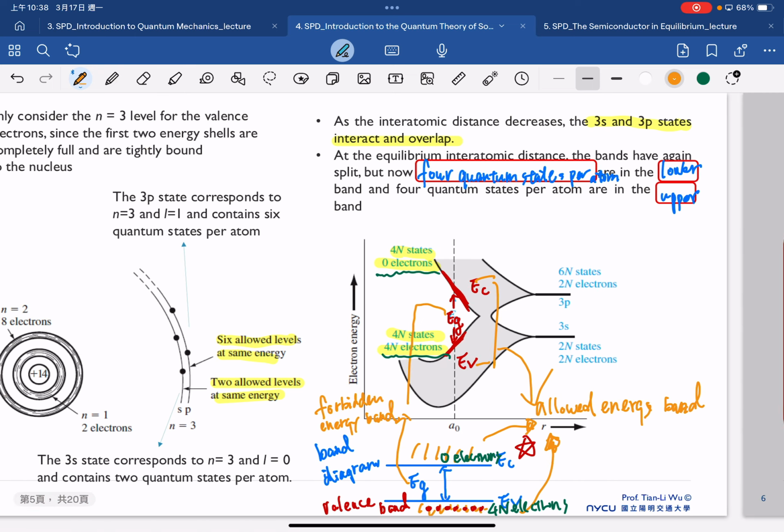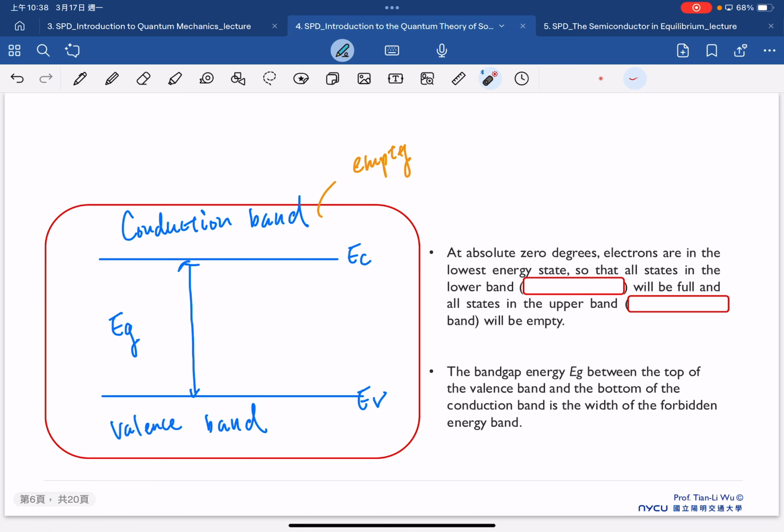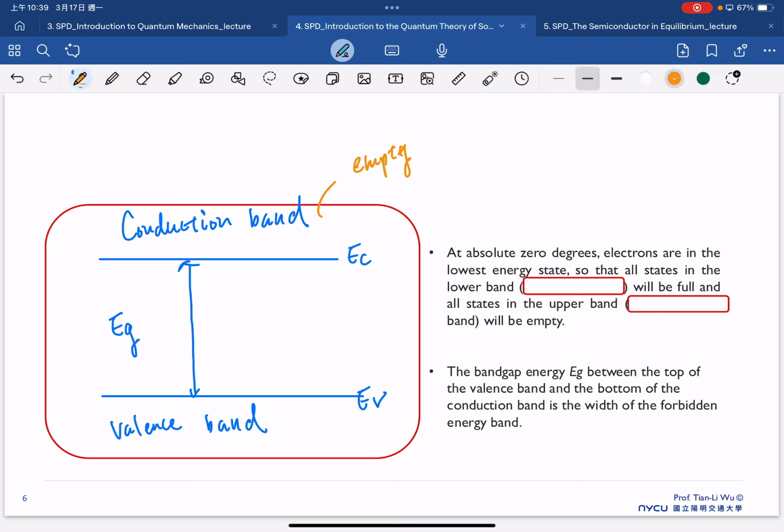Because the previous slide already showed this has zero electrons. So everything on top in the conduction band should be empty. Also, we already understand that in between, this should be the place where it is not possible to have any carrier, because we have discrete energy states. We can only have allowed energy states here, allowed energy states here, not here. So that's why we call this a forbidden energy band.